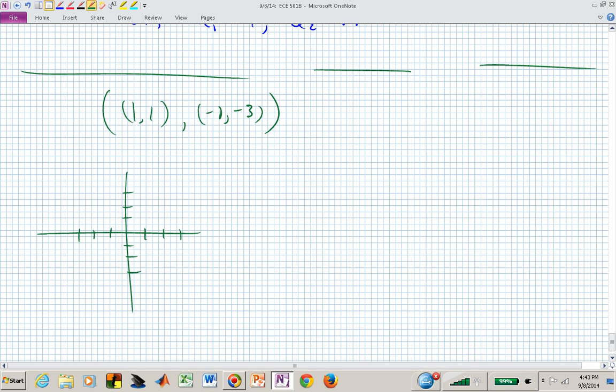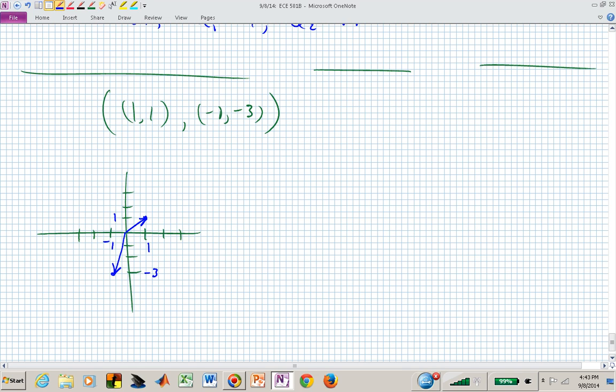The first vector is 1, 1, so that's now this point, or that vector. The other one is -1, -3, and that's now this one. And maybe I want to view those as vectors, so here's -3, there's 1, -1, and there's 1.